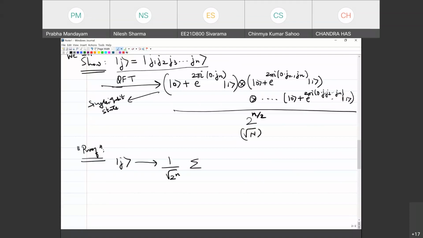So now K going from 0 to capital N minus 1 is nothing but 2 to the n minus 1, e to the 2 pi i jk by 2 to the n, k, right?